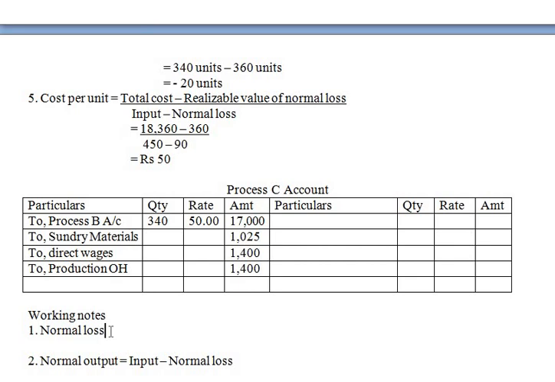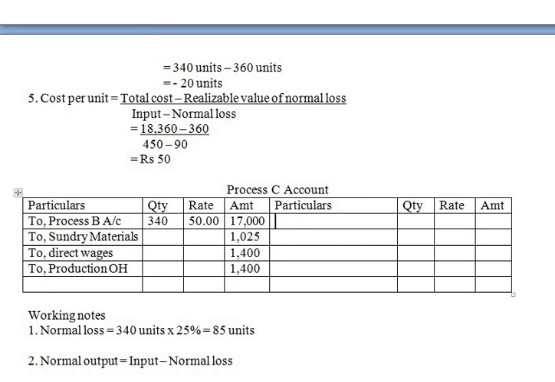Okay, now again there is normal loss for process C. So the normal loss is 25% on input. Input is 340 units into 25%. So normal loss is 85 units. Now this is having realizable value.